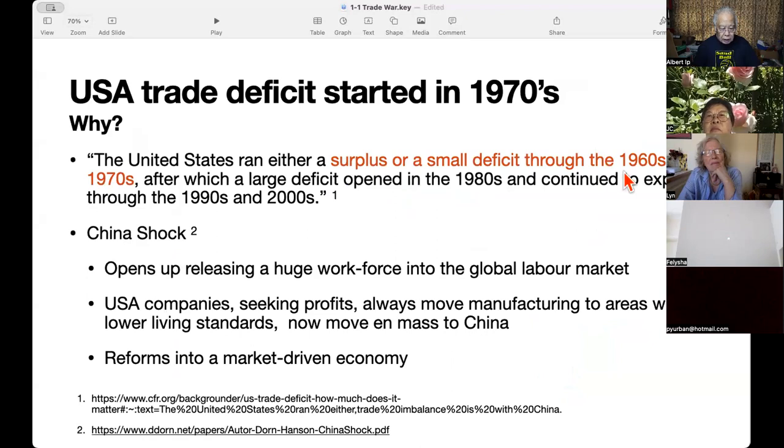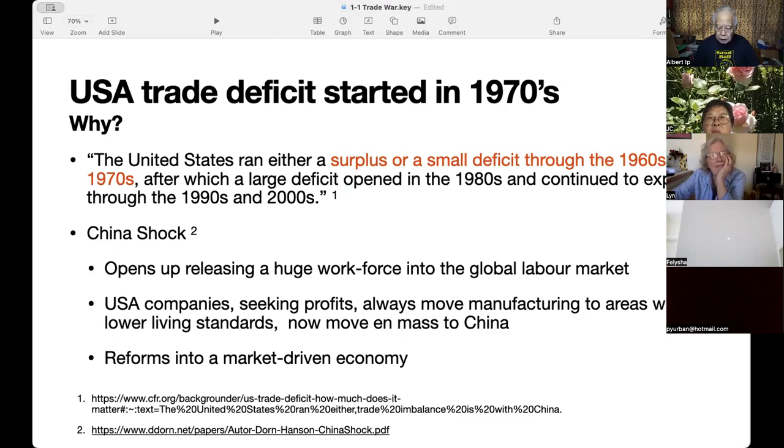The United States ran a surplus or a small deficit throughout the 1960s and 1970s, after which we see a large deficit open in the 1980s and continue to expand throughout the 1990s and 2000s. So that is the first remark, coming from CFR.org, a US website. The impact is, of course, what I call the China shock.